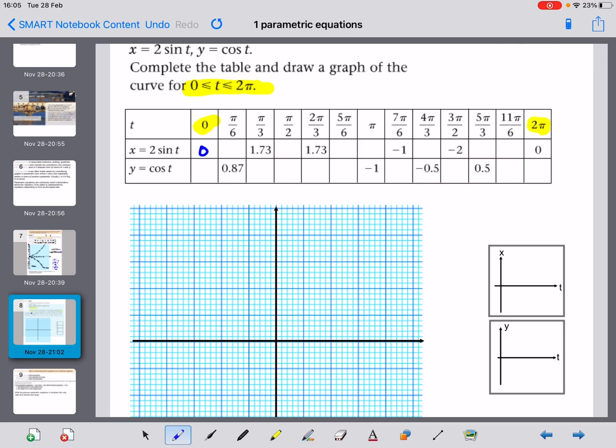Well, sine pi on 6 is a half, so 2 times a half is 1. Pi on 3 is done. When t is pi on 2, 2 sine pi on 2 will be 2, because sine pi on 2 is 1. That one's done for us. When t is 5 pi on 6, x is 2 lots of sine 5 pi on 6, which is 1.